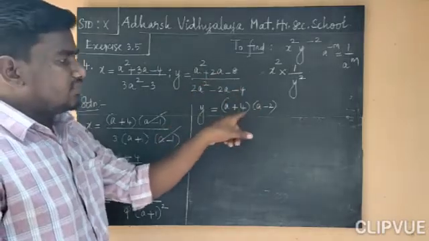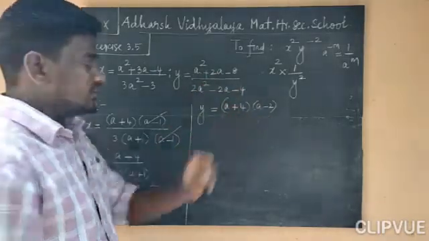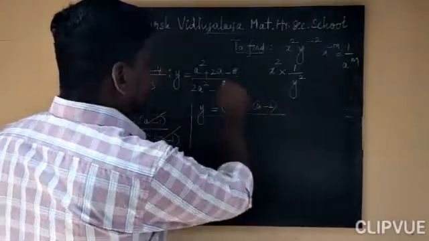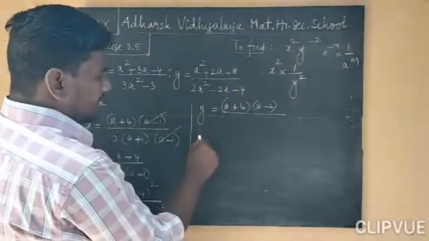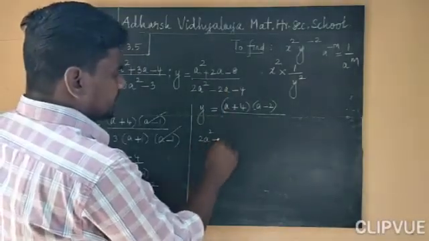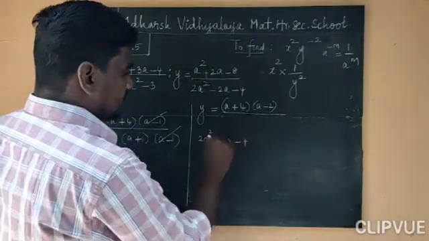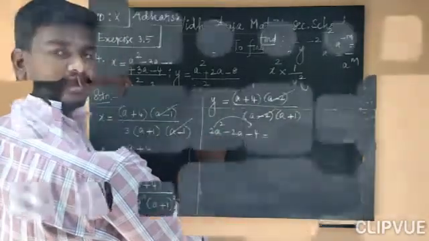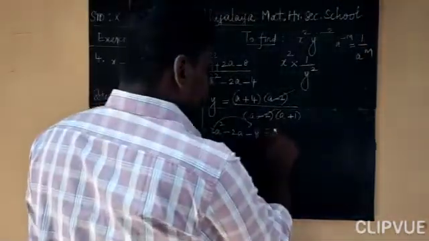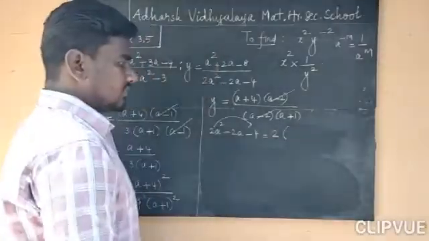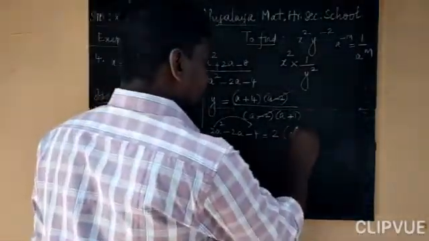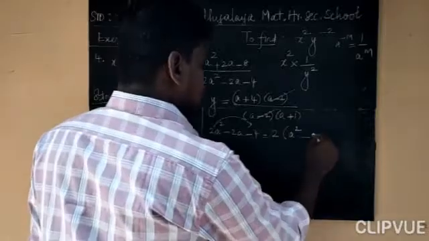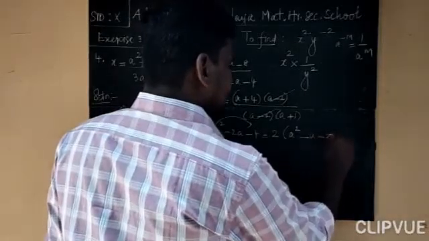So a plus 4 and a minus 2 are the factors. Similarly, this one, when we find it out, so 2a square minus 2a minus 4. So first is 2a square minus 2a minus 4. So 2 is the common factor. First we take that out. So when we take 2 out, a square here minus a minus 2.